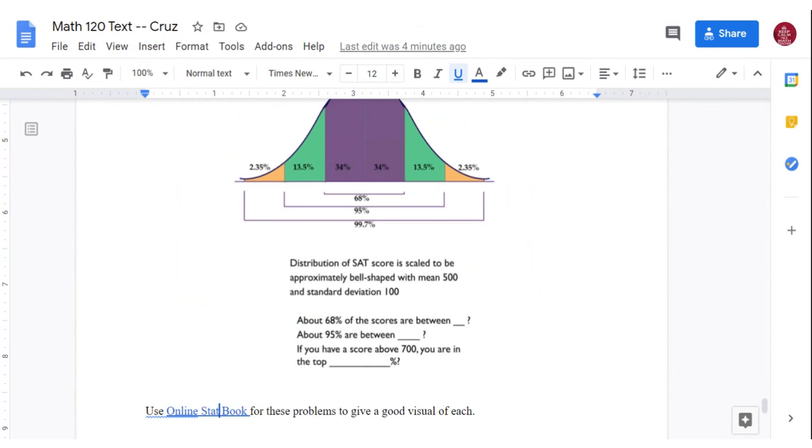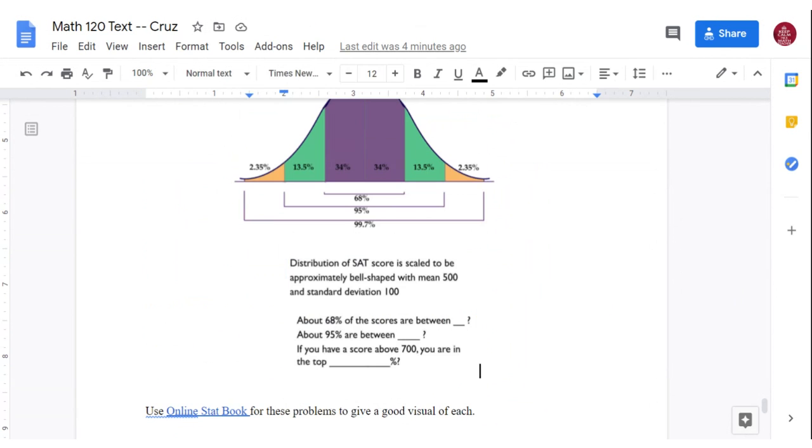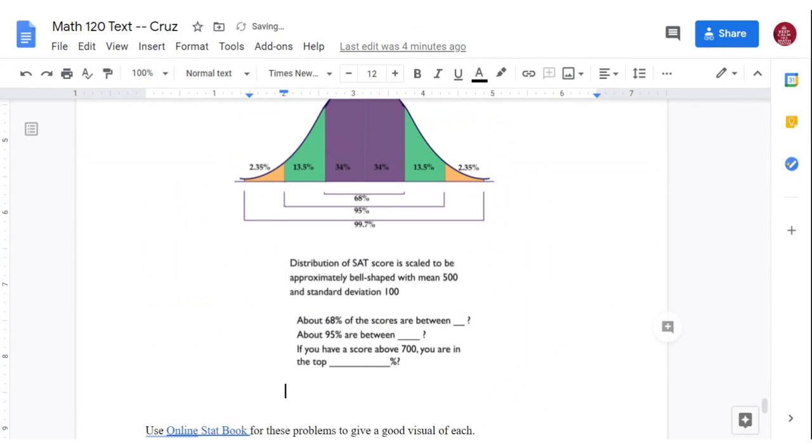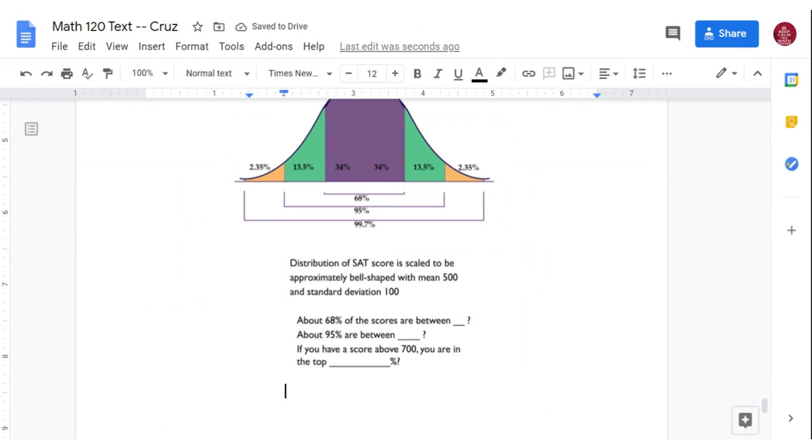Well, since that's one standard deviation, the mean is 500 and the standard deviation is 100.